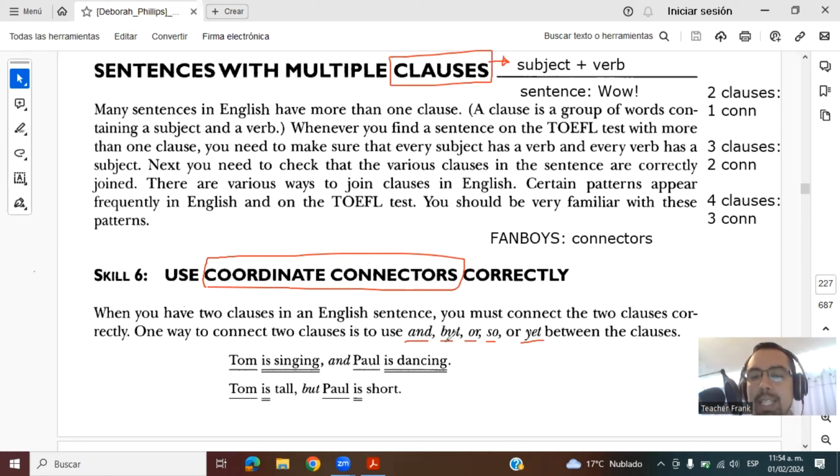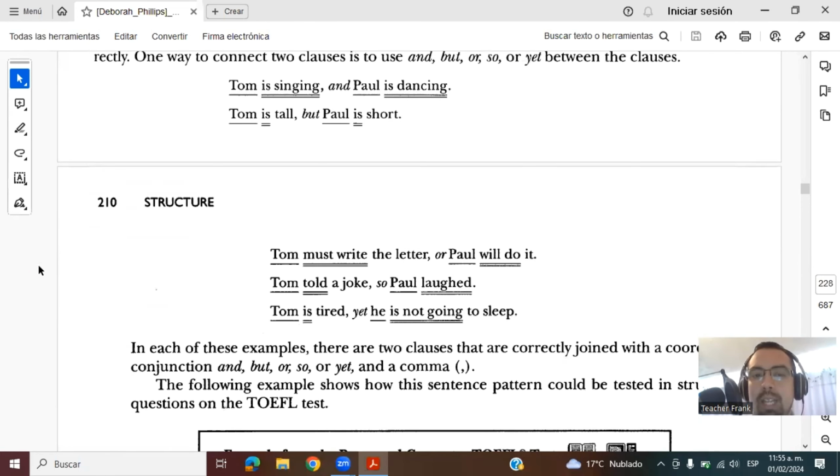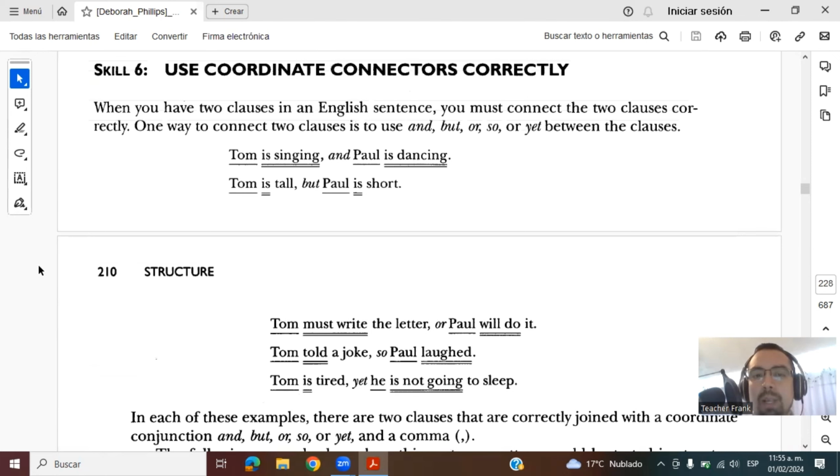And yet is like but. Yet is the same idea as but. It's basically a contrary idea, right? And we know it's addition, but and yet are contradictory or contradicting information, or is alternative, and so is the conclusion. Okay. So let's look at some examples of these coordinate connectors at work where we see them with verbs.